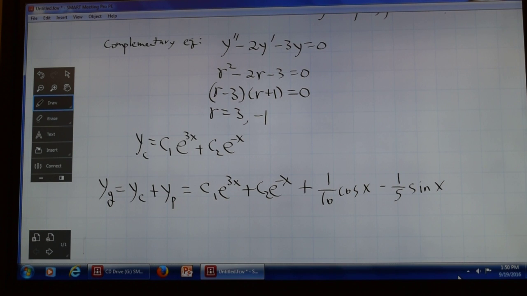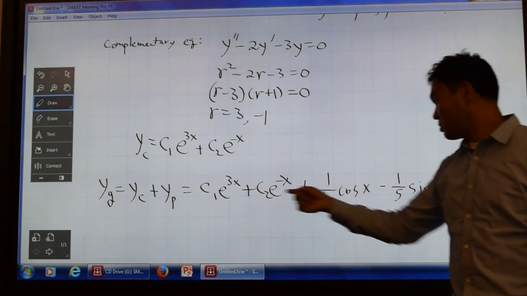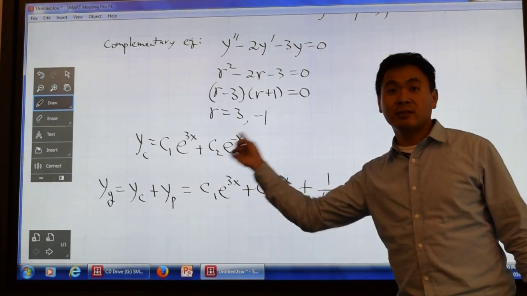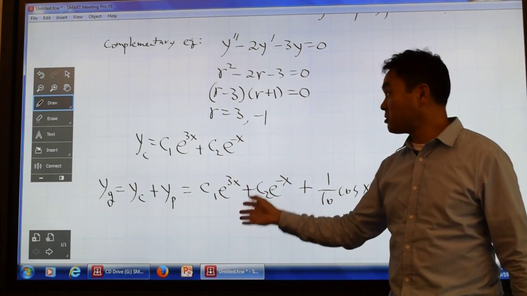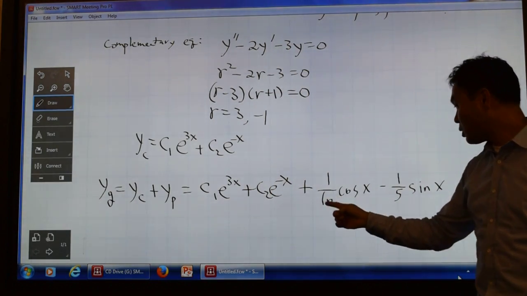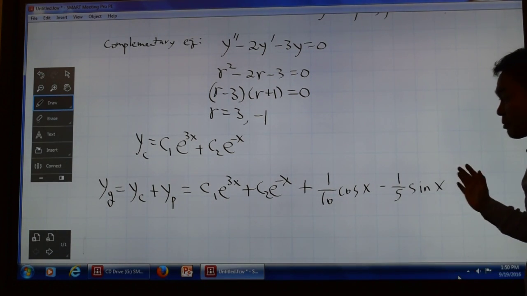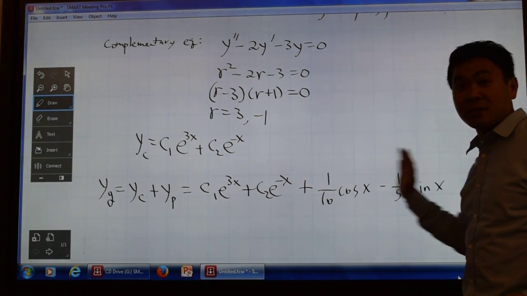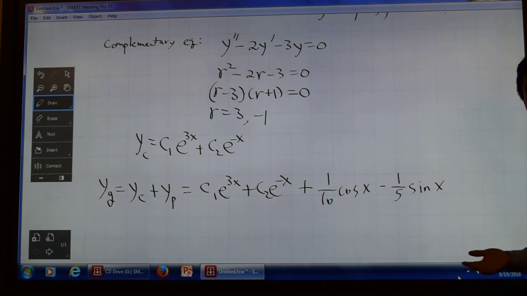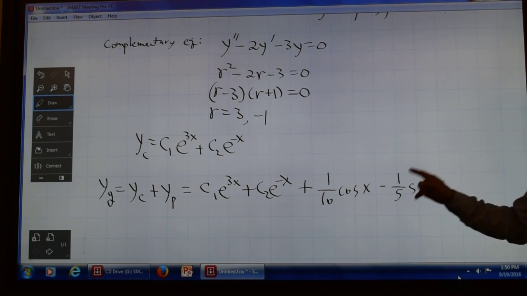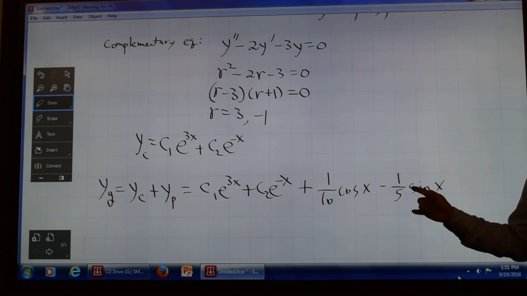If we take this sum and plug into the left side, what would this produce? Well, first, this one will become 0 because it's the solution of the homogeneous one. What would this become if you plug into the left side? It will become sine x. Therefore, if you put the entire thing into the left side, you're going to get sine x, meaning that this entire thing is a solution regardless of the value of C1 and C2.